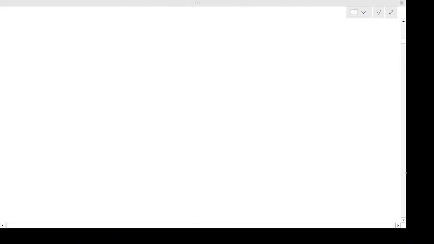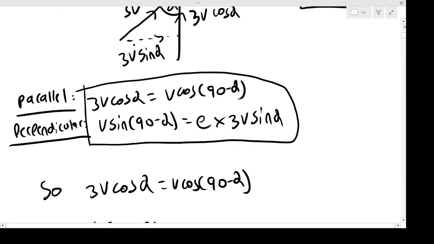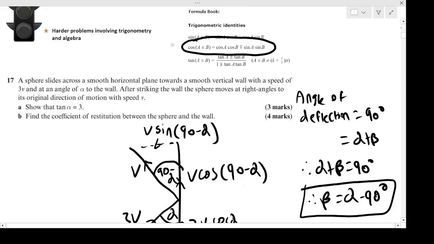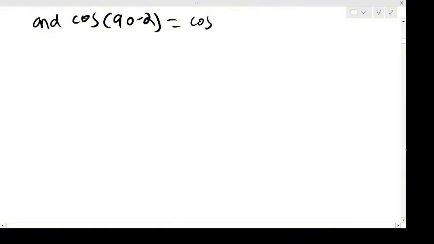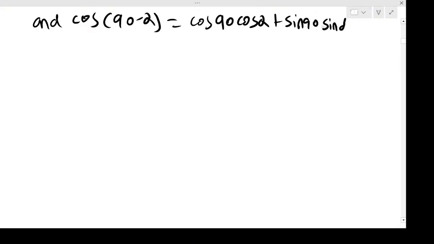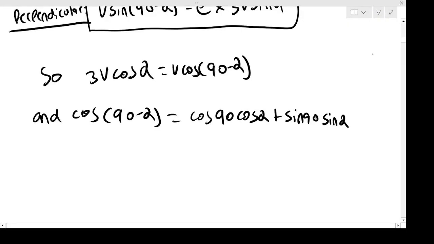So cos of 90 take away alpha, if we use the formula book, that's going to be cos 90 cos alpha, and then plus sine 90 sine alpha. So this is just using the addition formula for cos.